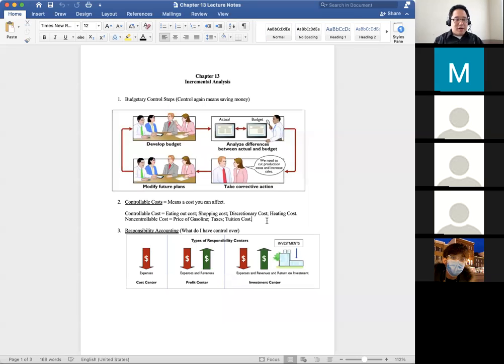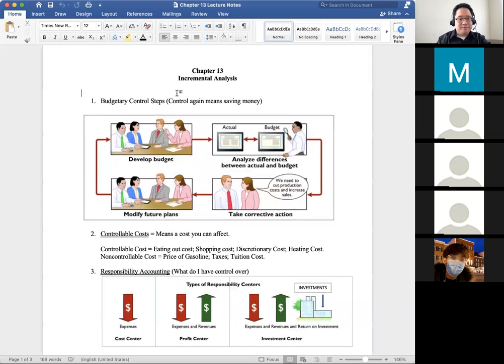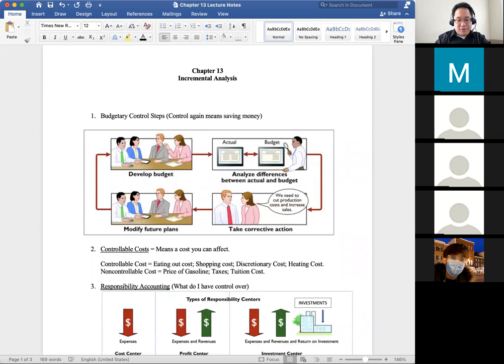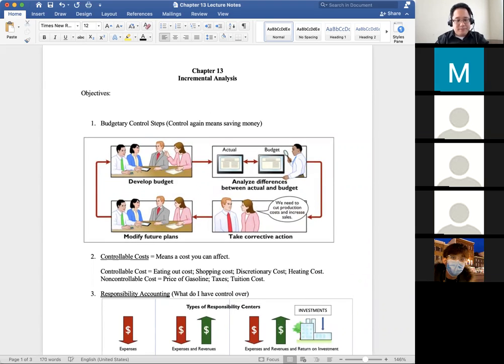And the second question we're going to answer is how to make a flexible budget report. Okay, so let's write this down in the notes here. So the two objectives for today are similar, but they're a little bit different. Okay, the first objective is going to be incremental analysis.